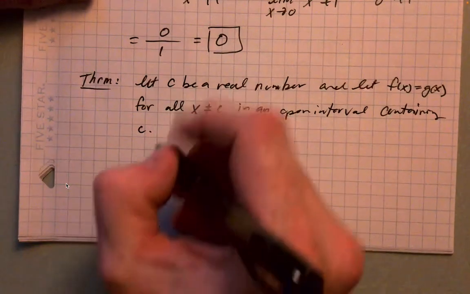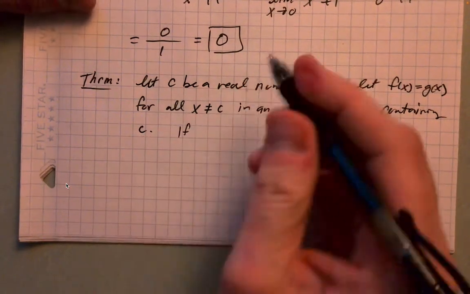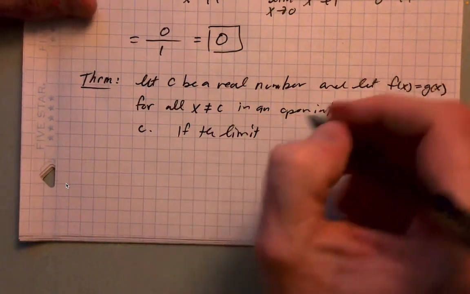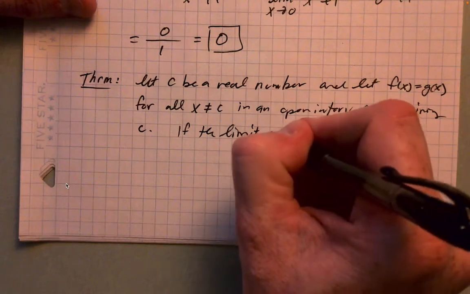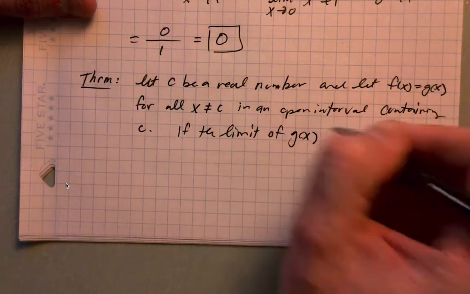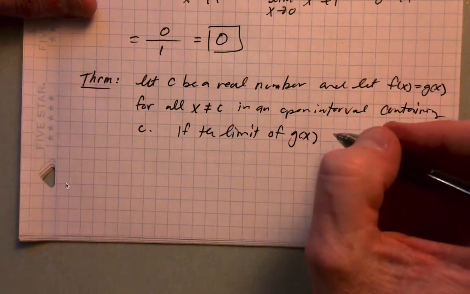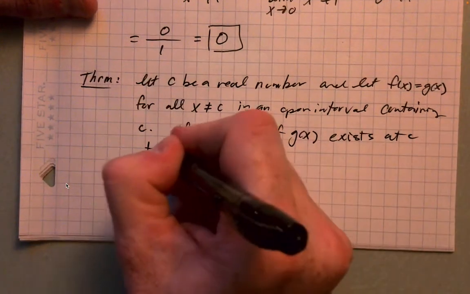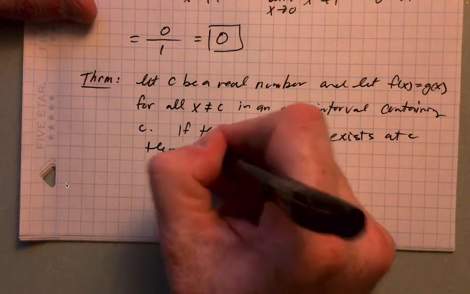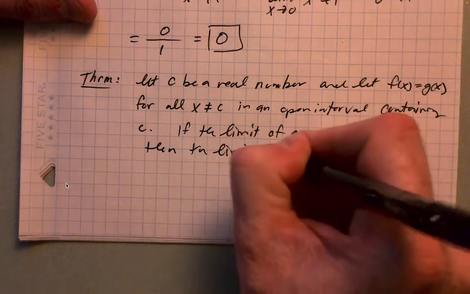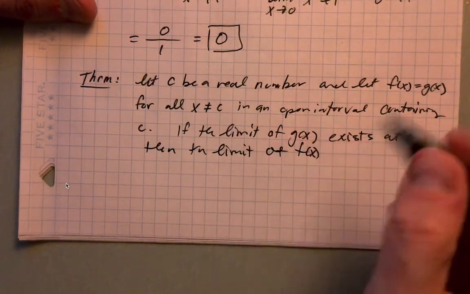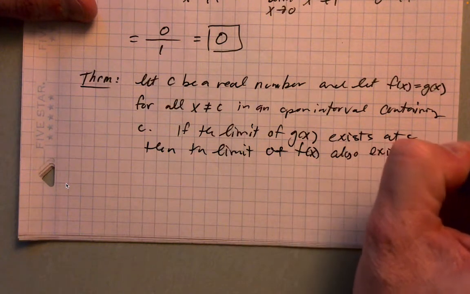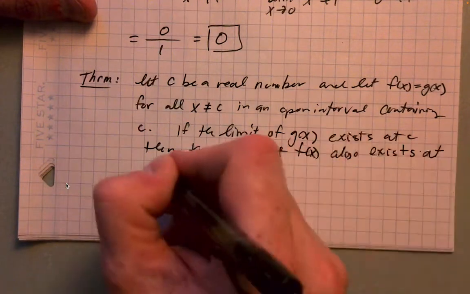And so then what we can say is that if the limit of g exists at c, then the limit of f also exists at c.